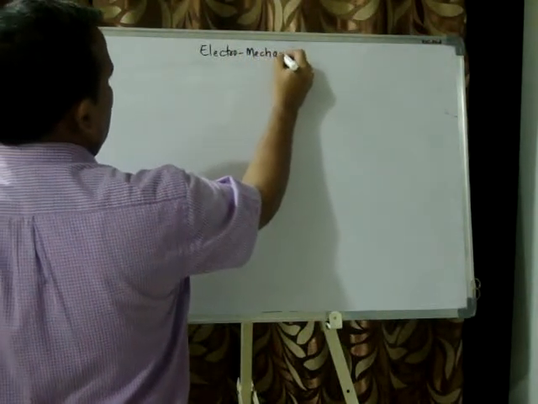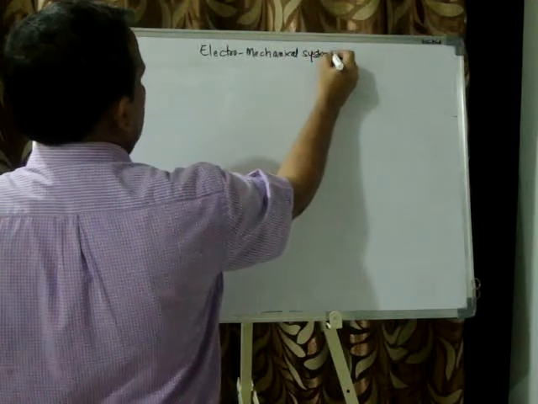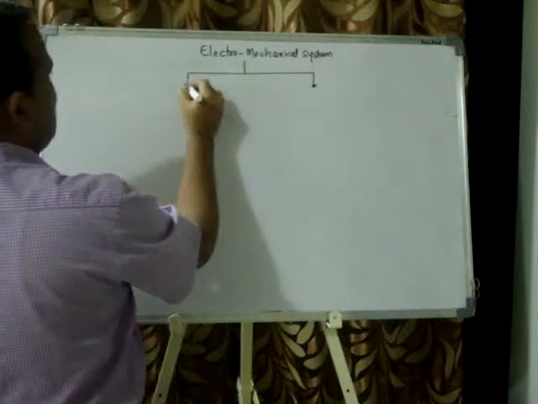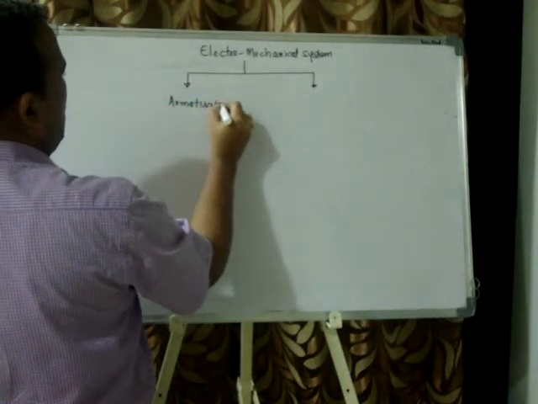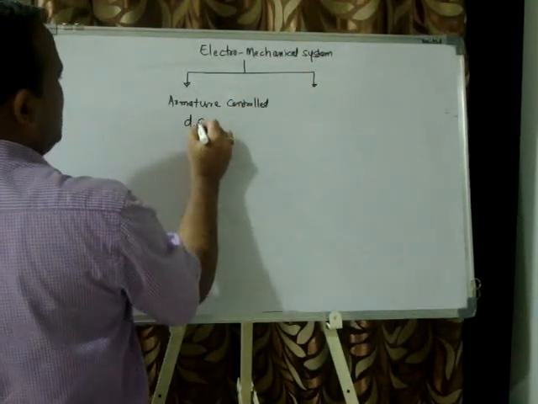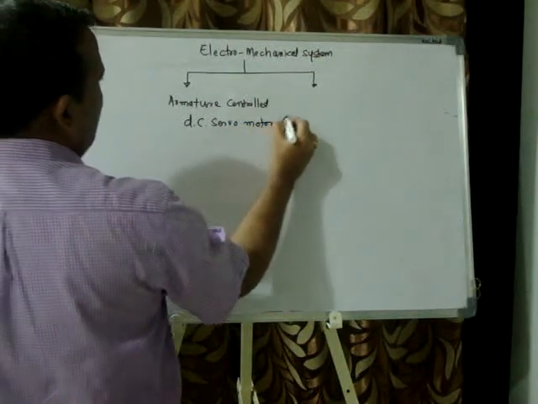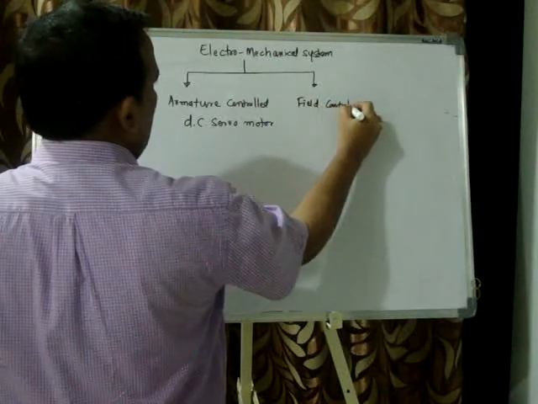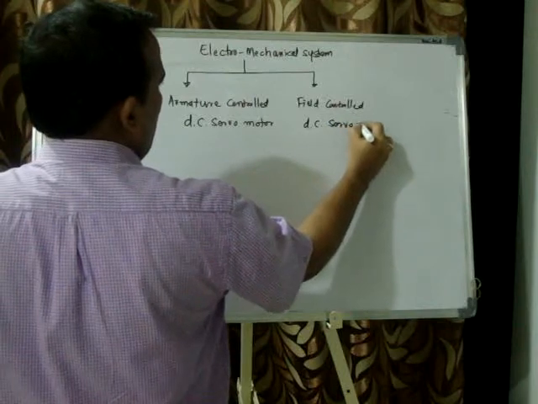Electromechanical systems. Especially there are two standard systems. Many systems are there, but the standard two systems: one is called armature controlled DC servo motor, and the other is field controlled DC servo motor.